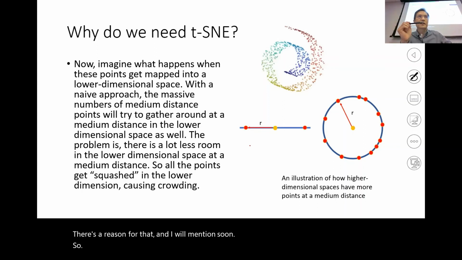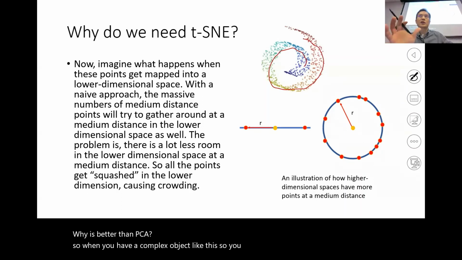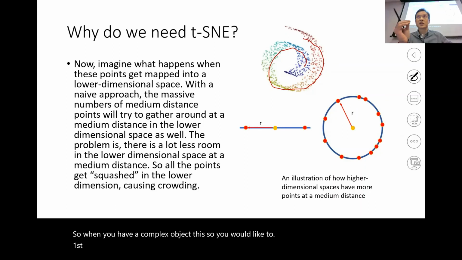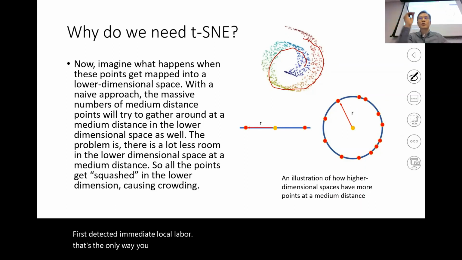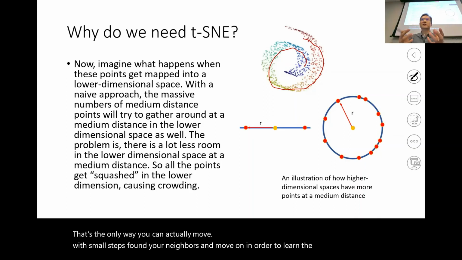So now, why is it better than PCA? When you have a complex object like this, you would like to first detect its immediate local neighbors. That's the only way you can actually move with small steps to find your neighbors and move on in order to learn the whole structure of the complex shape.